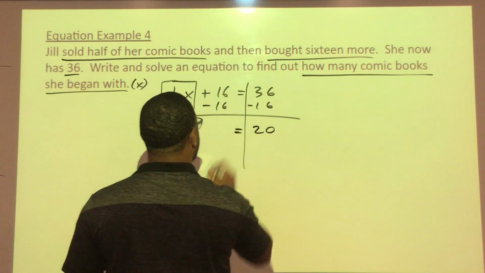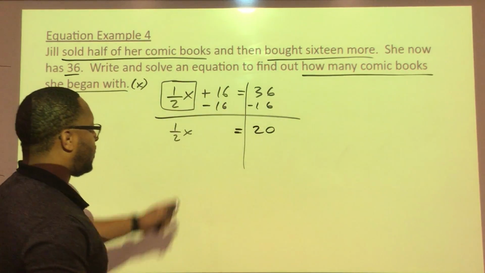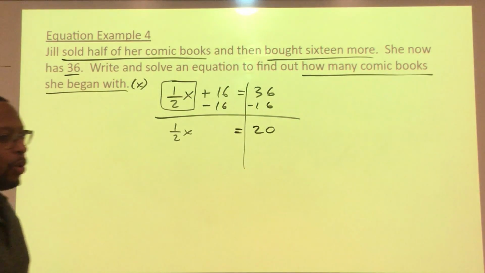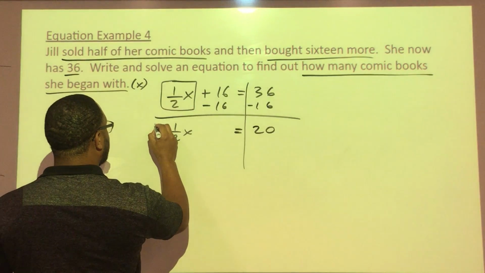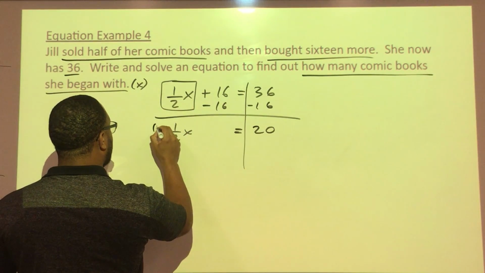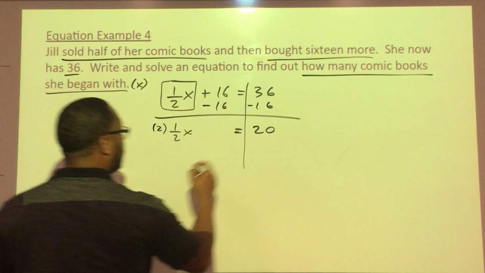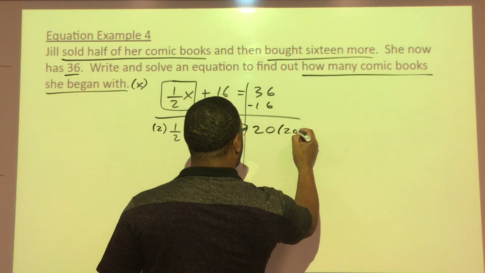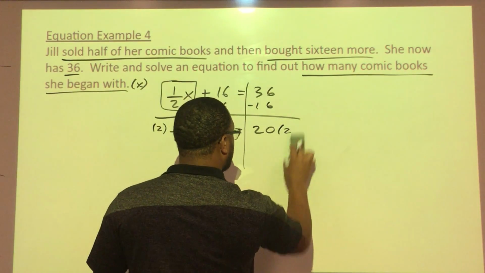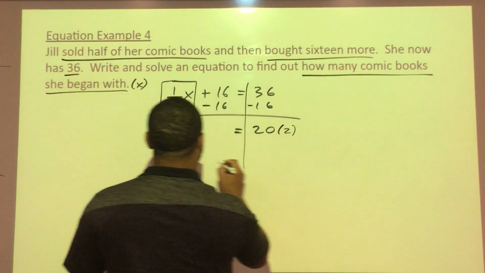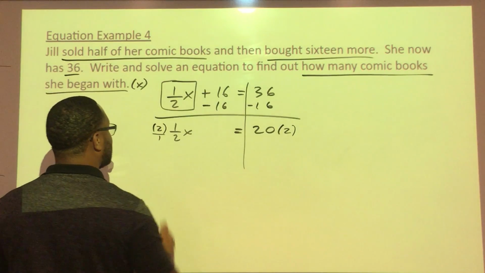And now remember, when you have a fraction, you want to make the fraction go away. How do you make the fraction go away? Well, if I multiply both sides by the denominator, that makes the fraction go away. And that's just supposed to be a 2. And we'll go ahead and put this over 1 since it's a fraction.